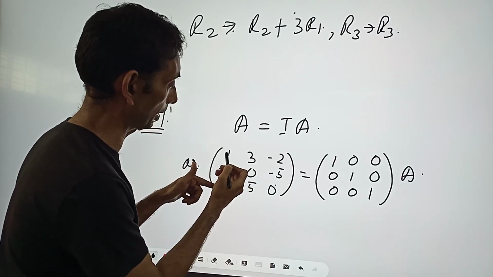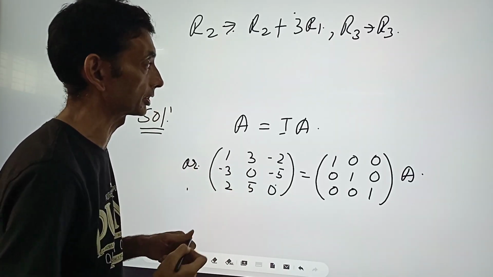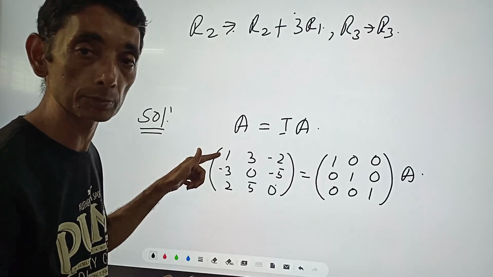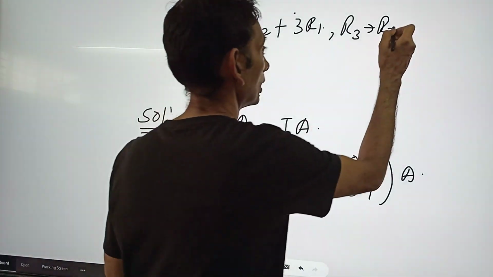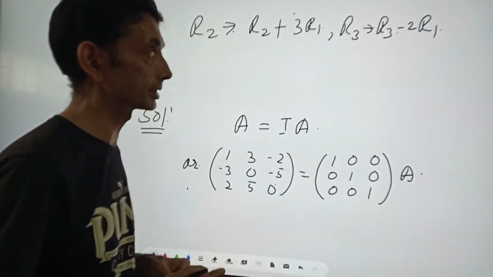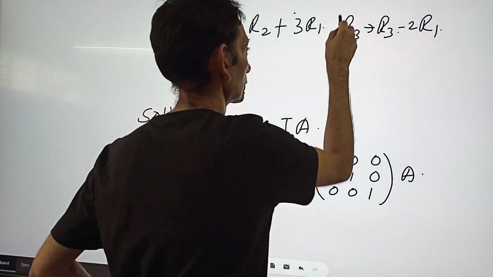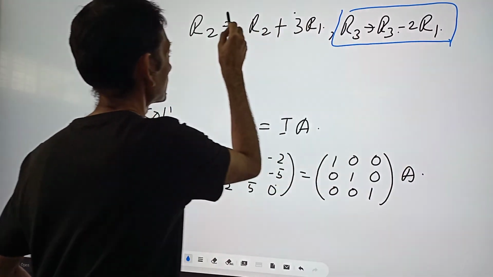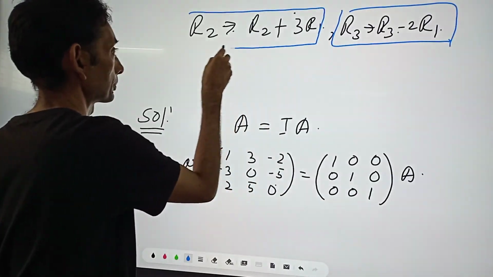If you multiply this one by minus 2 and add, this will become 0. So R3 changes to R3 minus 2 R1. We are going to use these two operations together so that you can minimize the number of steps.